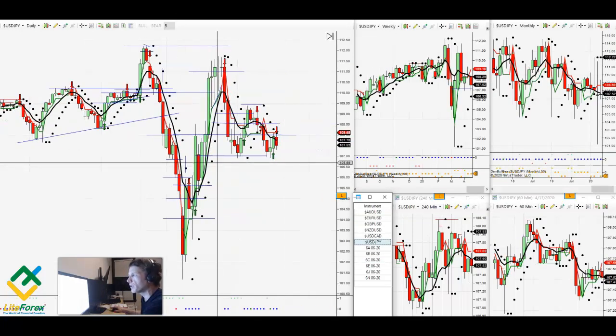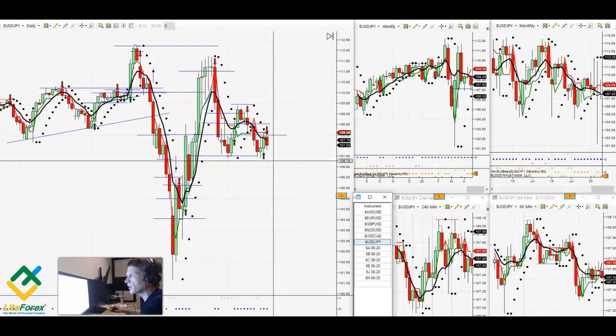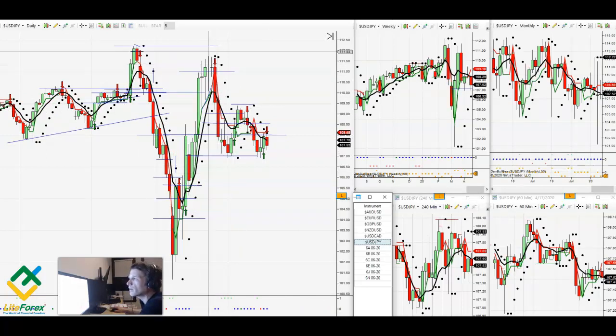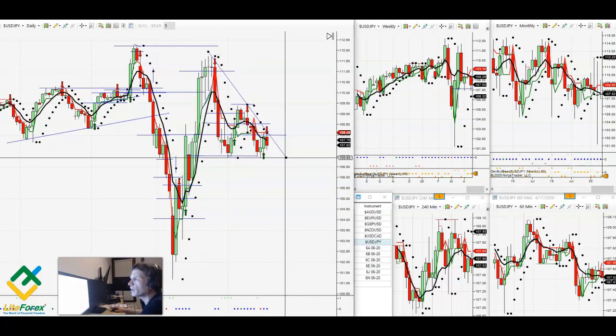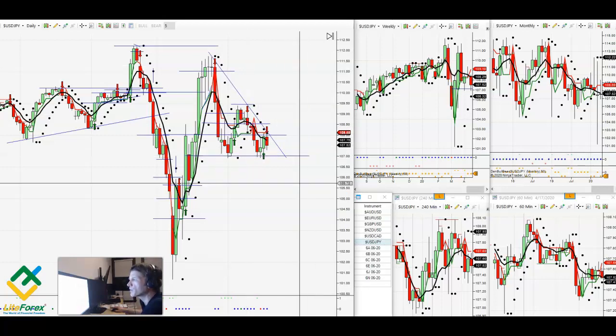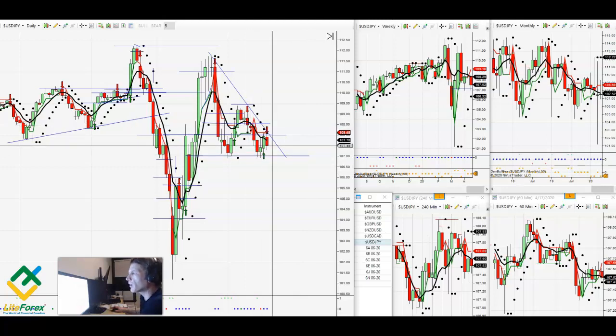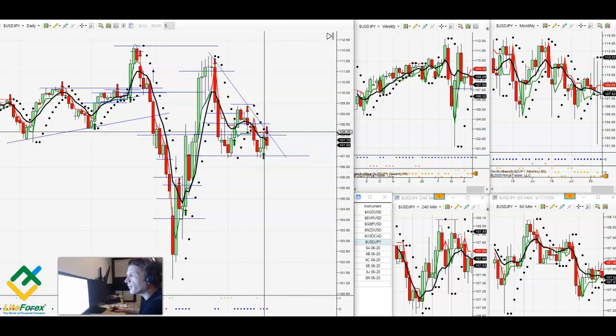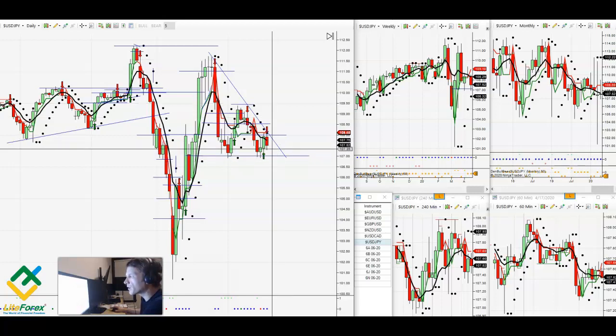Now the USD yen is kind of setting up like the Canadian dollar in that it's putting in a potential lower high unless it turns around. But we just recently held this support at 107. We had this rebound, but this candle is setting up to come down and potentially bust through this support of 107. Now it could easily turn around, just like I said with the Canadian dollar.